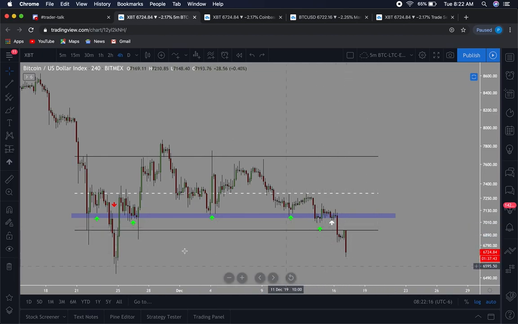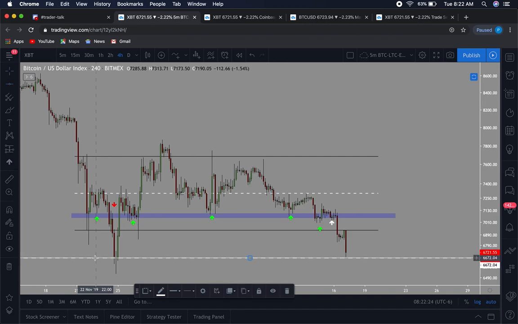First thing that we're seeing right now is if you look over here, I'm going to put a horizontal line right there. That's where most of these candles opened and closed and then pushed up. You can see price is hitting that pretty spot on, and then the low for that is right around this area.